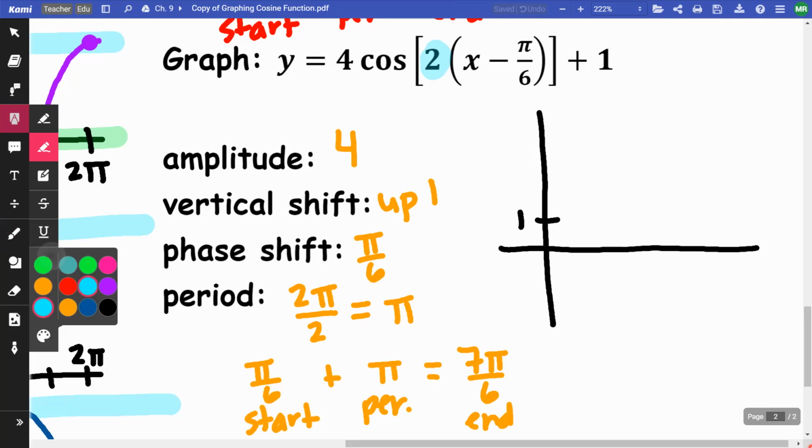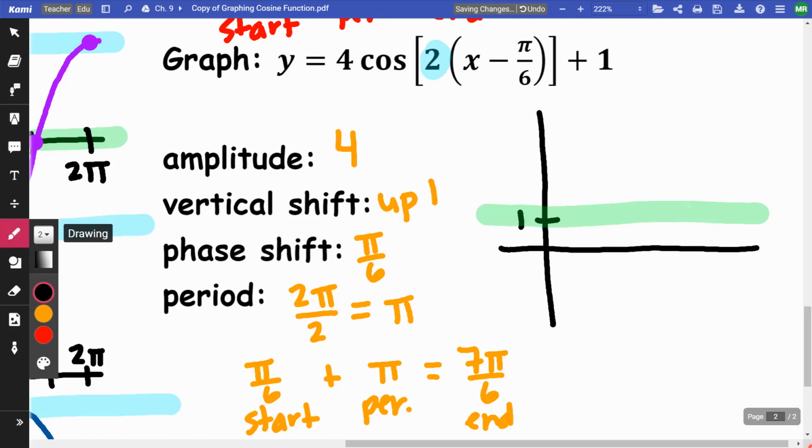Okay, that is going to be where my zeros are. I am going to be going 1, 2, 3, 4 above, which puts me up at 5. And 1, 2, 3, 4 below, which puts me down at -3.